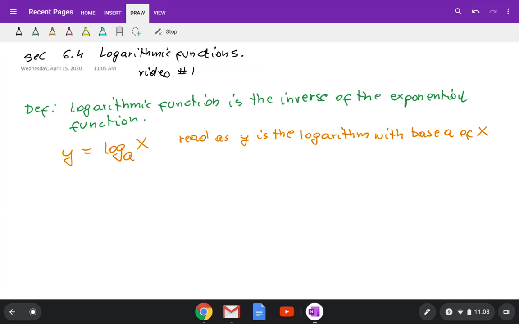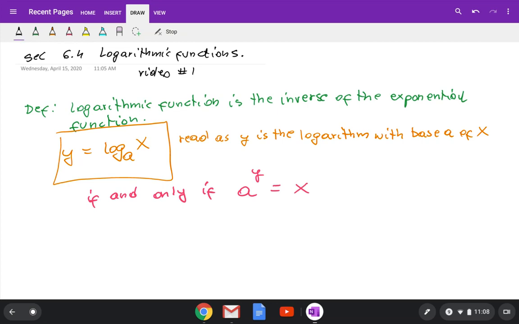So the definition of logarithmic function is the inverse of exponential function. y is equal to log base a of x if and only if, since logarithmic function is the inverse of exponential function, a to the power of y is equal to x.